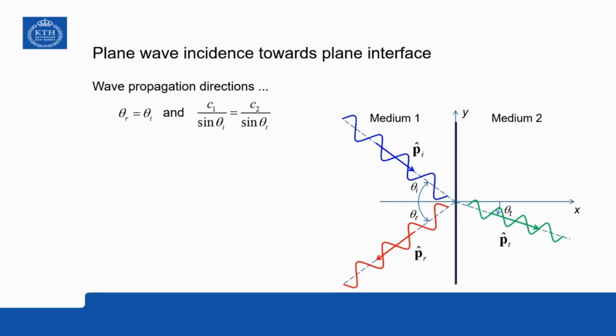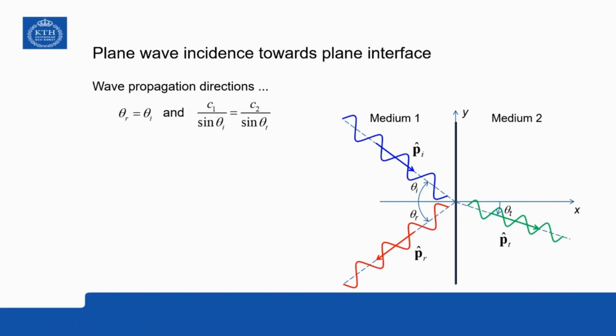Okay, to summarize what we have derived here: first of all, the two relations to determine the reflection angle and the transmission angle. The second one, for the transmission angle, is the Snell's law that you know from basic school.